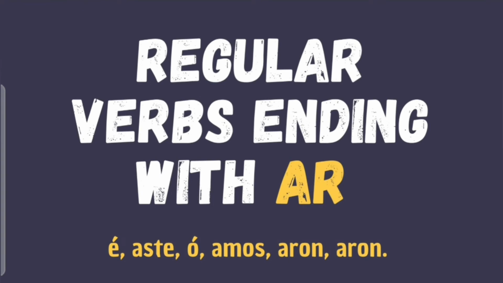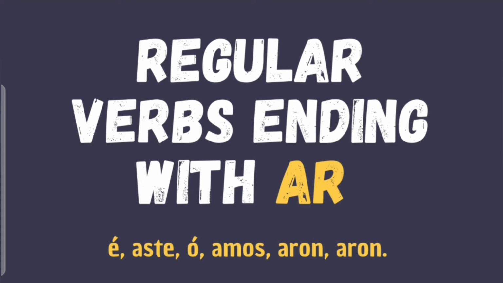All right, so let's see regular verbs ending with -ar in Spanish. The regular verbs are regular because the beginning of those verbs is not changing. Just be aware that you have a root word and then an ending.